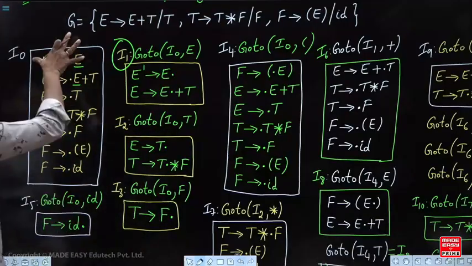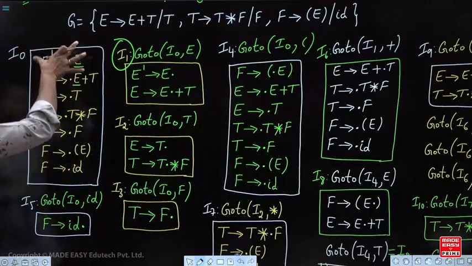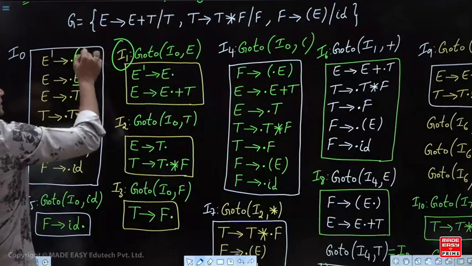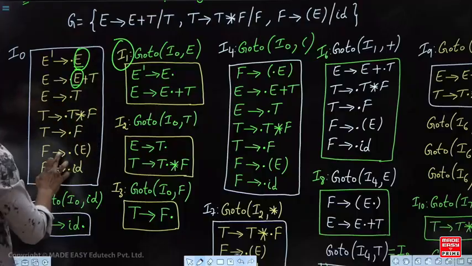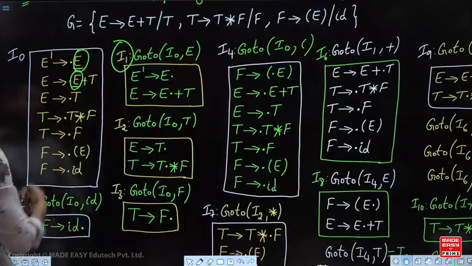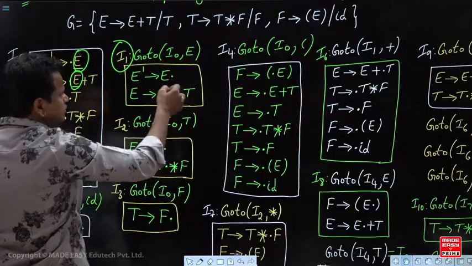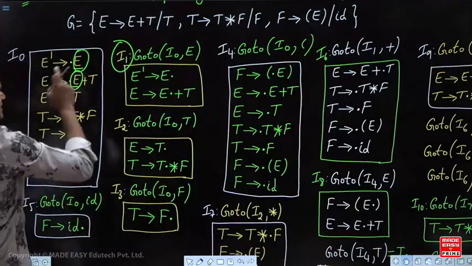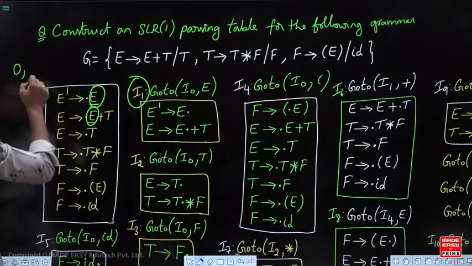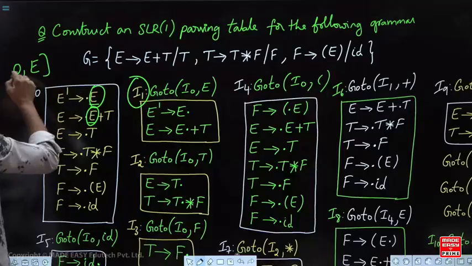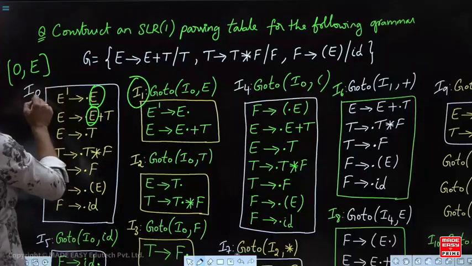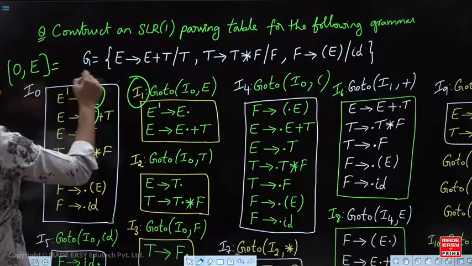So, while filling the table for this state, you must consider each and every production, and here in these two cases the shift symbol is the same, and this is non-terminal E. I naught comma E has gone to I1. Therefore, as it is a non-terminal and it is in I naught, in the 0th row, E th column, where it has gone?